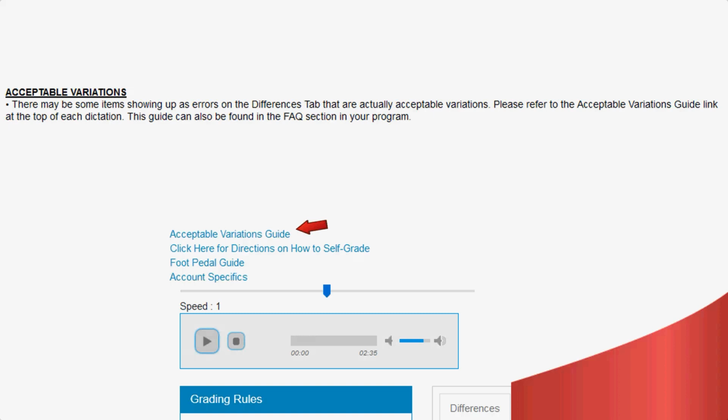So I've shown you a little screenshot there. But when you're in your dictations, it's the link to the top left there, just above your audio bar. You can also find the same thing in the FAQ section. So if you were to click on FAQ at the top of your course material, and then in the search bar, type acceptable variations, it'll pop up the same thing. So a really common example would be vital signs.